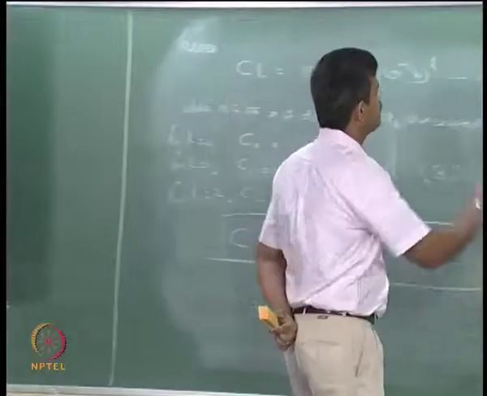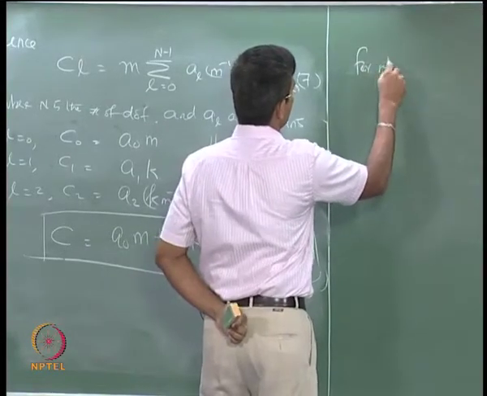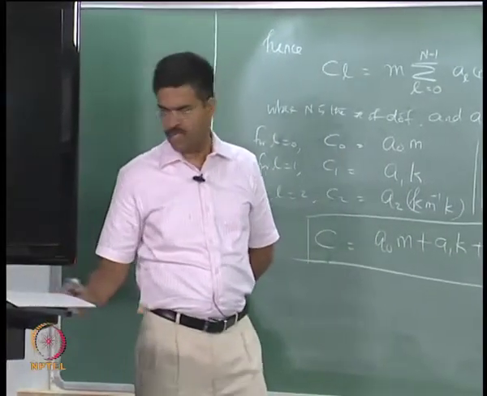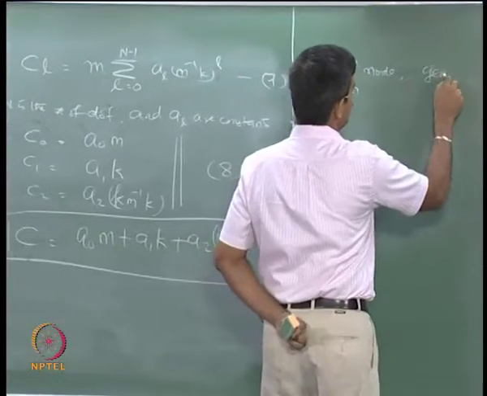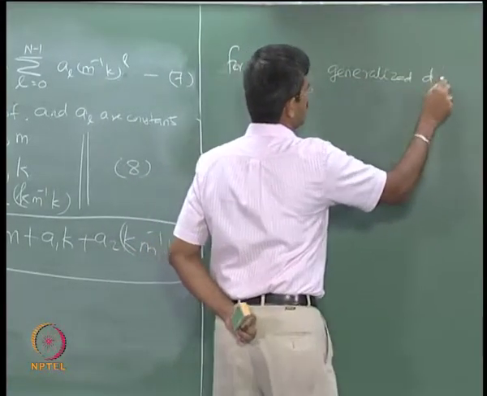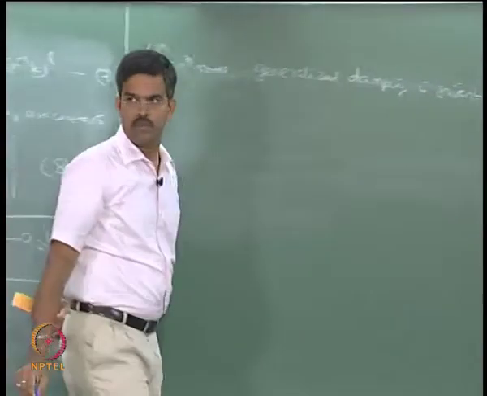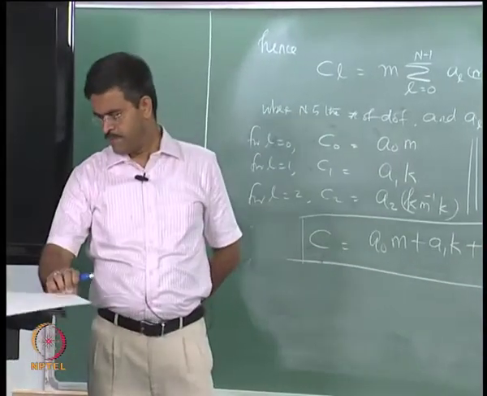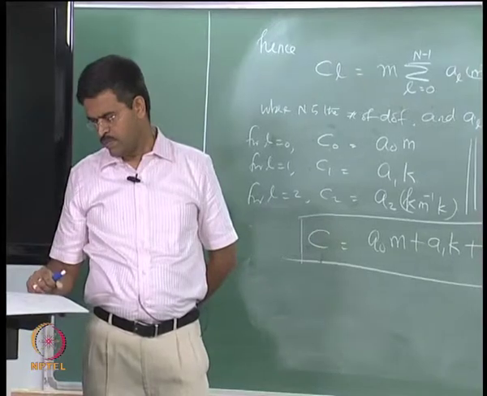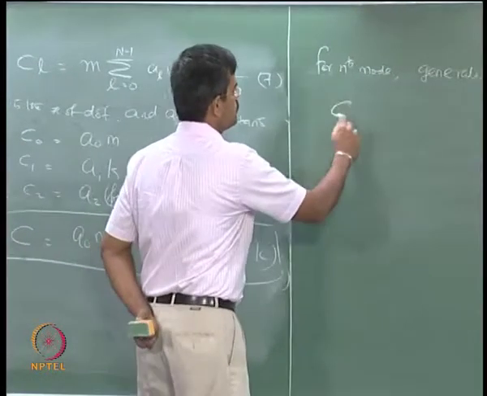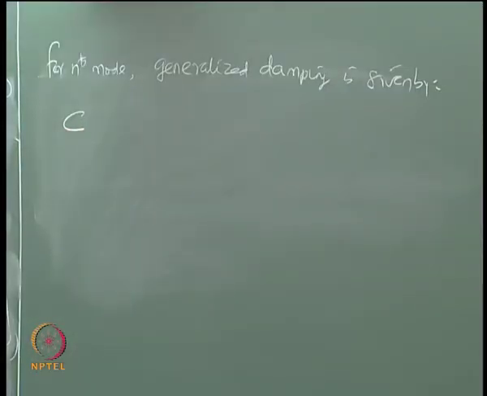For nth mode, the generalized damping can be given by the following equation, which is Cn, where I am using n because nth mode, a summation of L from 0 to n minus 1.